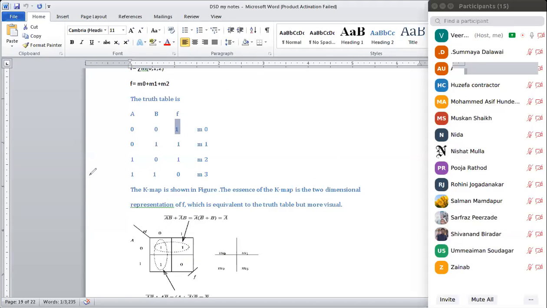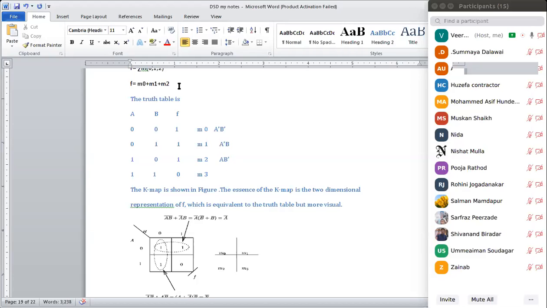Okay, if I had gone directly for writing SOP, what would I get here? It is A bar into B bar. Here what will I get? A bar B. Here A B bar, and here A B. Okay, no, I will not take this.